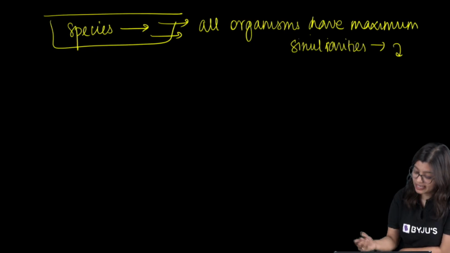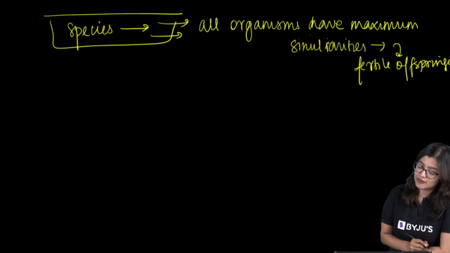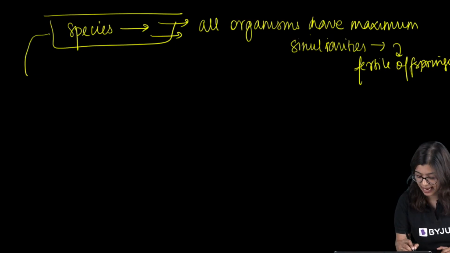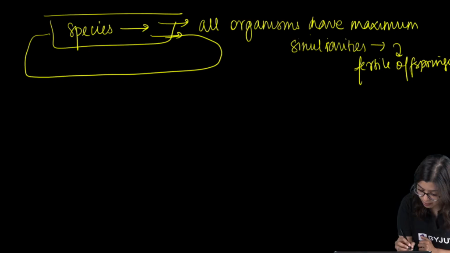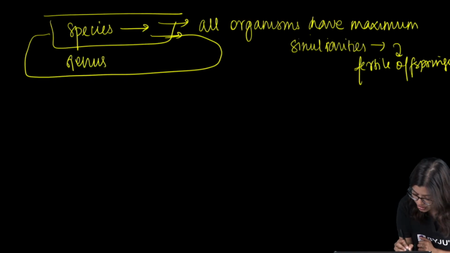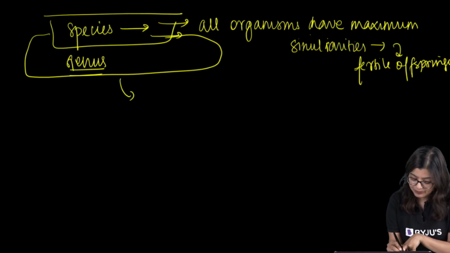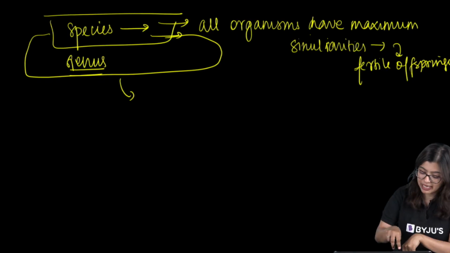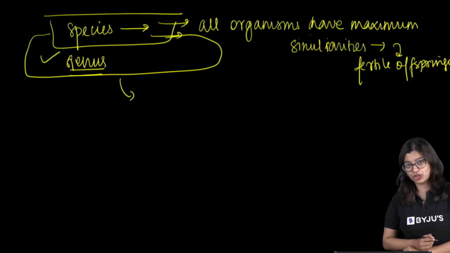Normally we see that they are able to reproduce to give fertile offsprings. Yes, fertile offsprings. Now there are different species, but even then they will come under a broader group, which is called as genus. Yes, so they'll come under the category of genus. So here genus includes a group of different species, when they come together, they will form a genus, right?